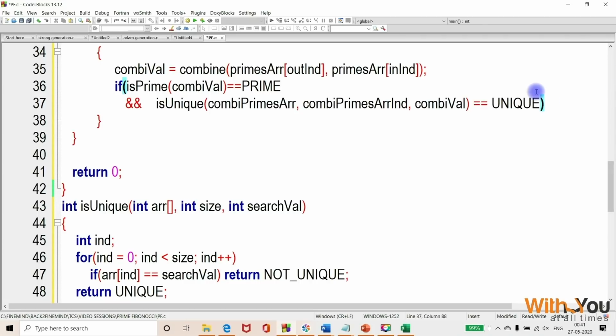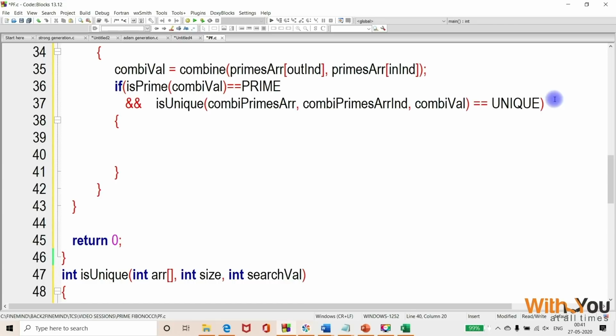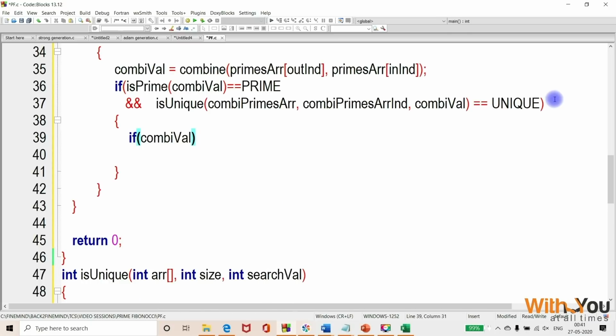Now look at it. Along with this, let us also find out the smallest and the largest. Job over. So that you will find that we can quicken. We don't have to walk once again for the smallest and largest. Cool. So if my combi val, who is going to be stored inside the array, I check, are you smaller than smallest?